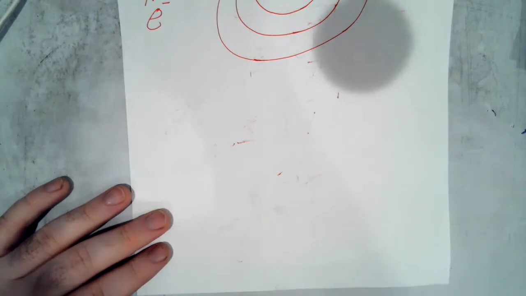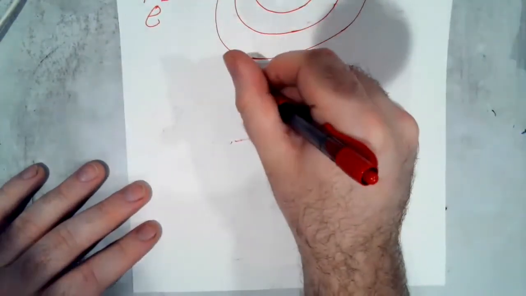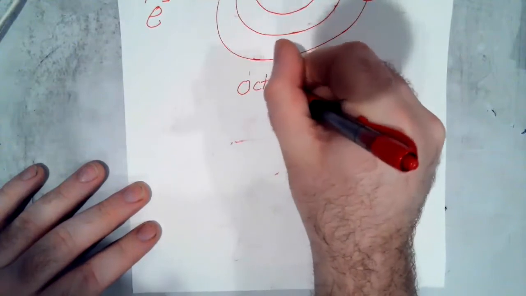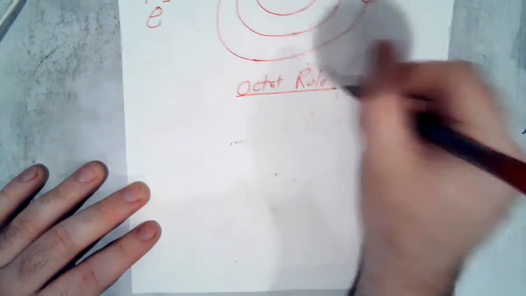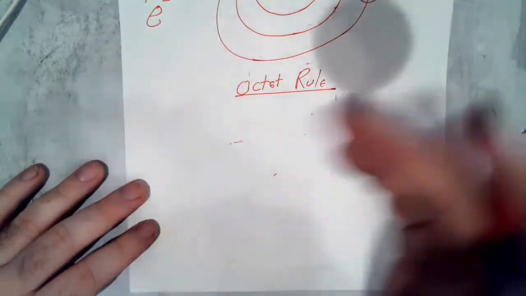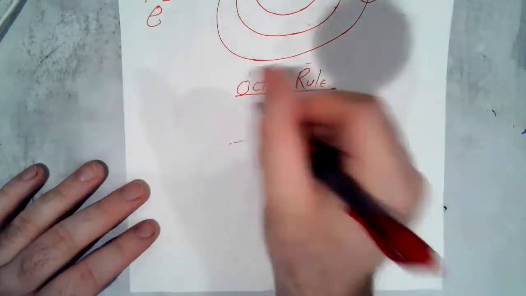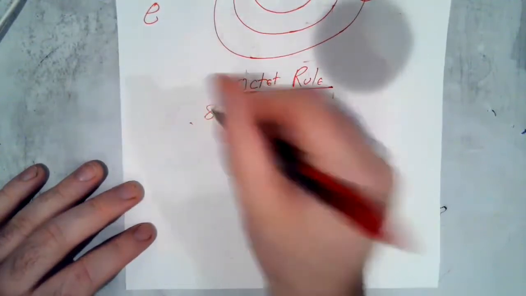So without getting too far ahead of myself, the rule for valence electrons is called the octet rule. And it's an important rule to know because it pretty much dictates what will bond with what, at least ionically. Octet, obviously the prefix oct means 8.